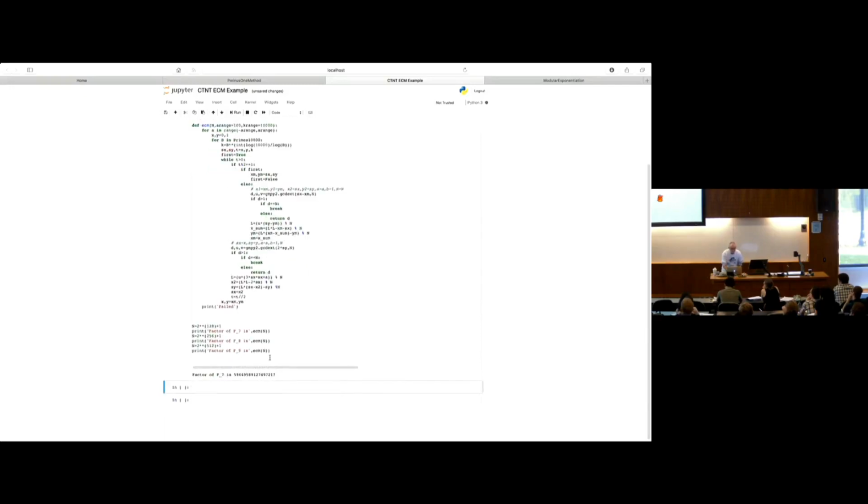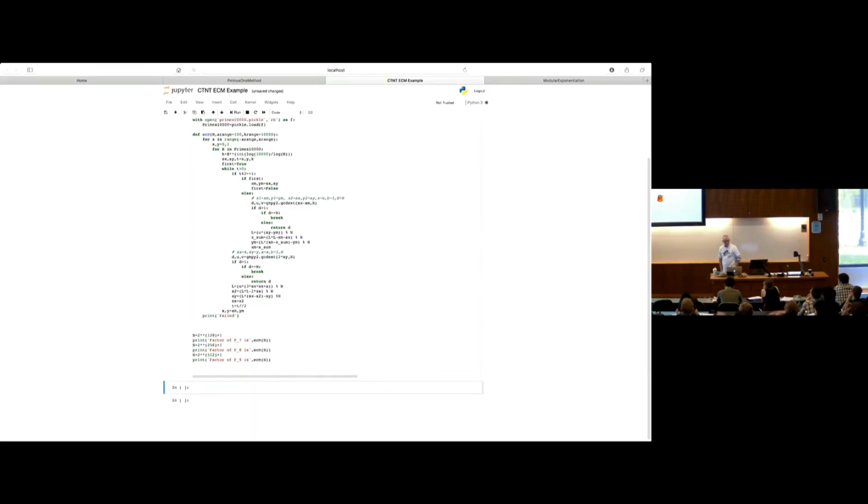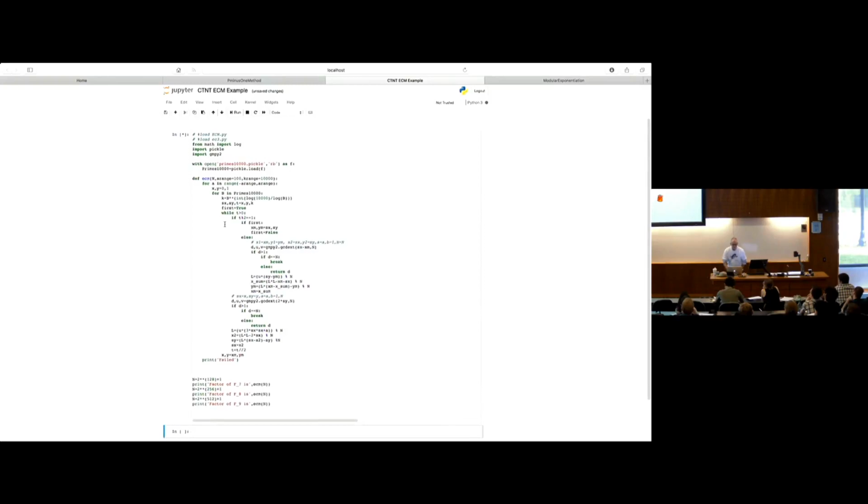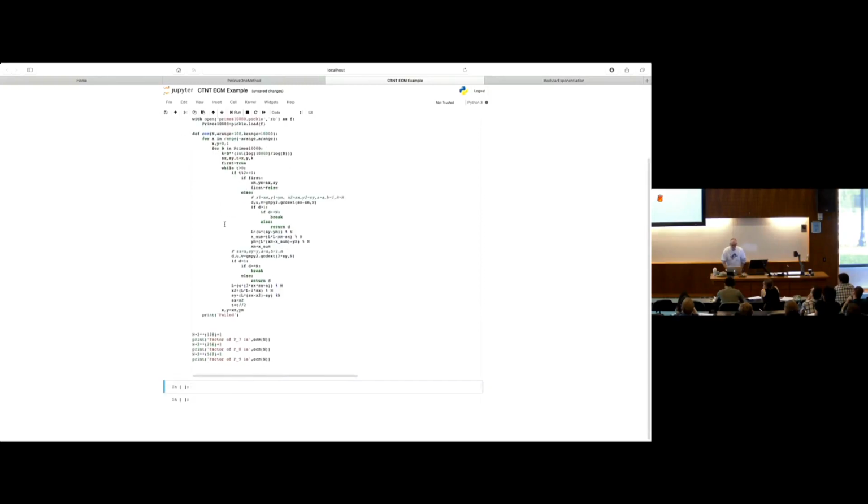Is it still running? Oh, no, it didn't. Why did it not print the other ones? Well, anyway, it was mainly the F7 that I was interested in. And so it found this factor, I think. I've lost track of it, but you did see it there for a moment.